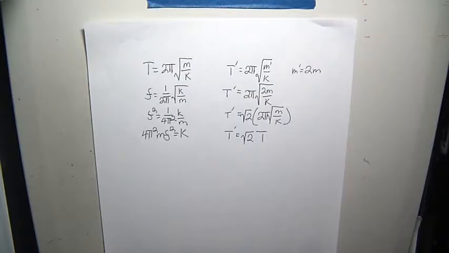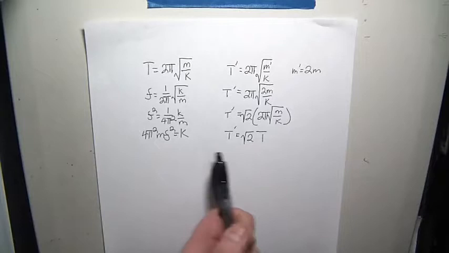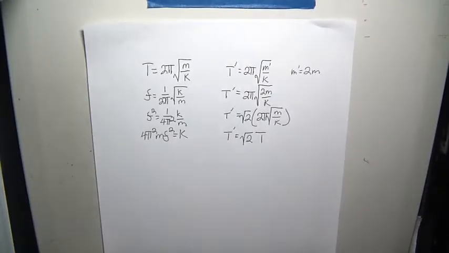What is that on the last line? You mean this? Yes. That says that the new period is the square root of 2 times the old period. So if the old period was 2 seconds, you would multiply it by square root of 2, and that would be the new period if you doubled the mass.